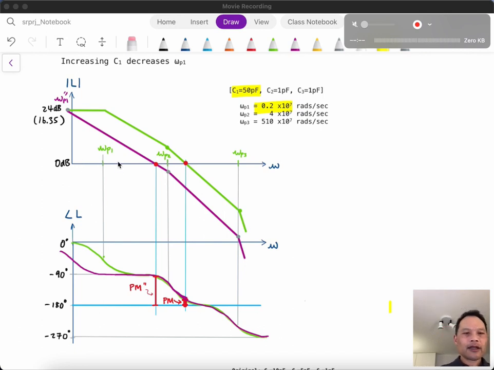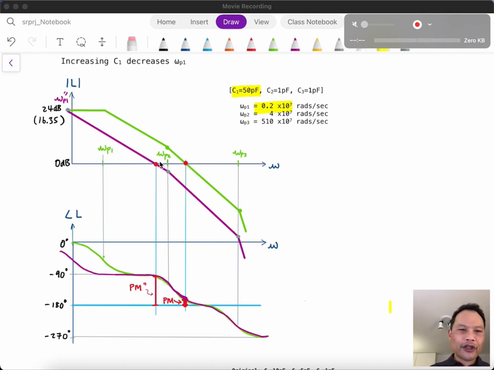What that does is it decreases the gain. Because it starts to drop at a lower frequency, it reaches 0 dB at a lower frequency than before. So our unity gain frequency has gone from here to here, and you can see that dropping the first pole causes it to reach minus 90 degrees sooner, but because the higher pole frequencies are unchanged, the phase response at higher frequencies stays the same.